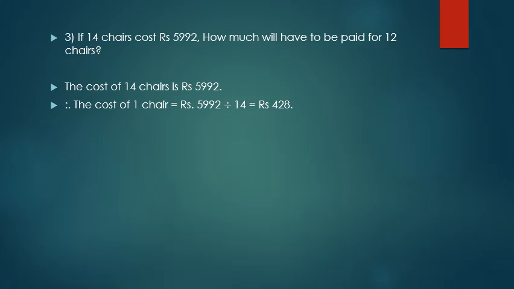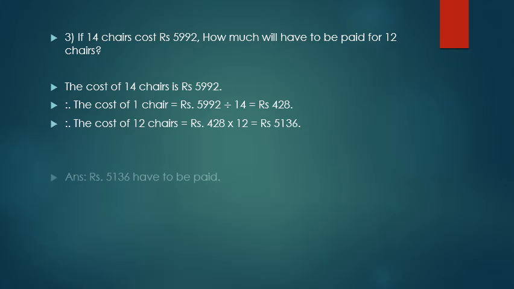So the answer is rupees 428. The cost of one chair is rupees 428. So the cost of 12 chairs will be 428 multiplied by 12. The answer is 5,136. Therefore, rupees 5,136 have to be paid.